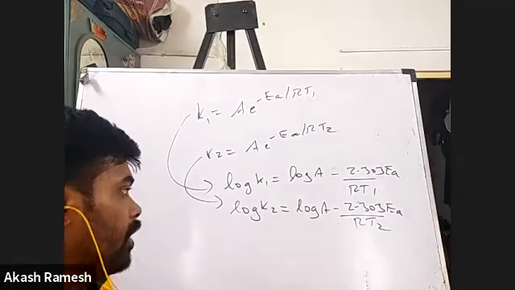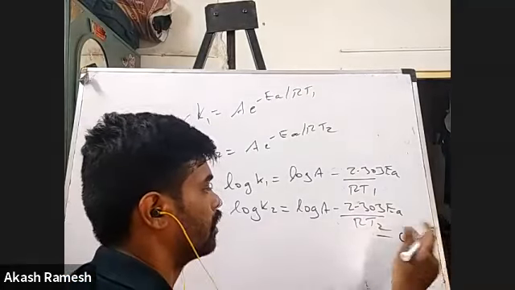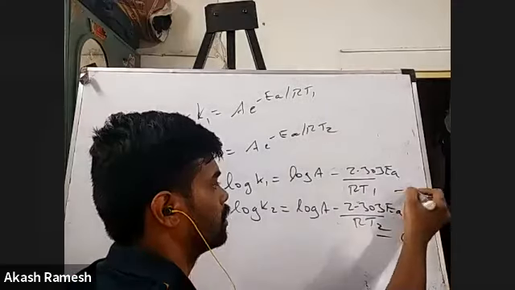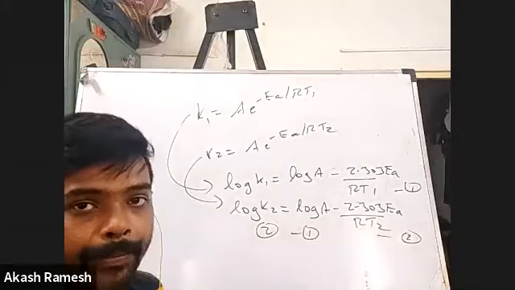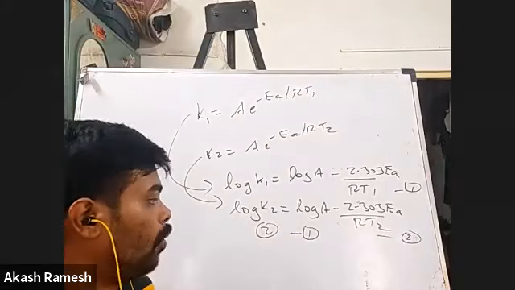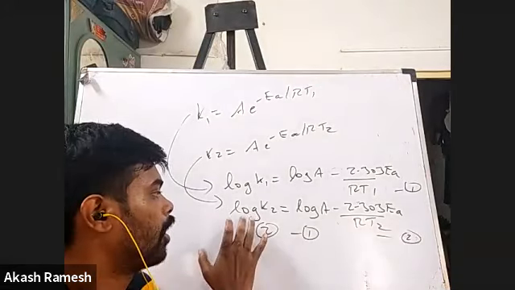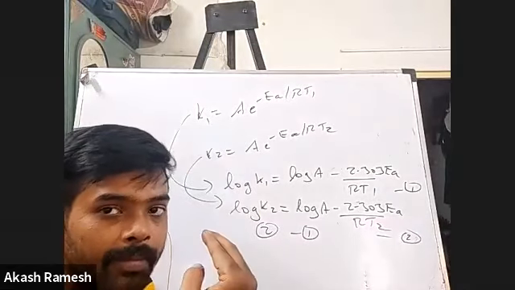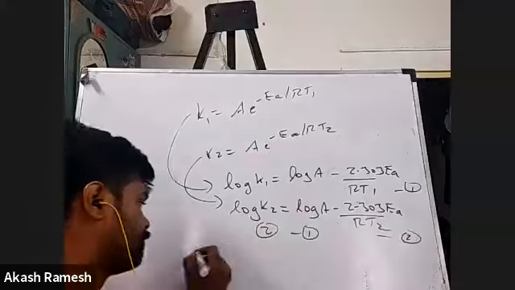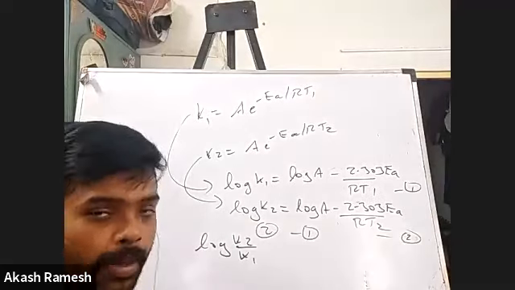Cool. Now if I call this 2, and this 1, I'm going to take 2 minus 1. So log K2 minus log K1 will become log K2 by K1. Can I say it like that? Right.